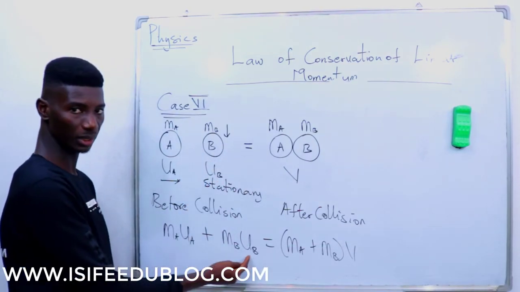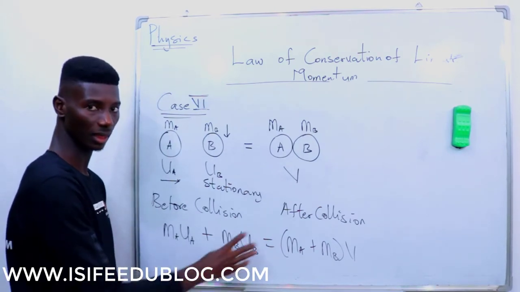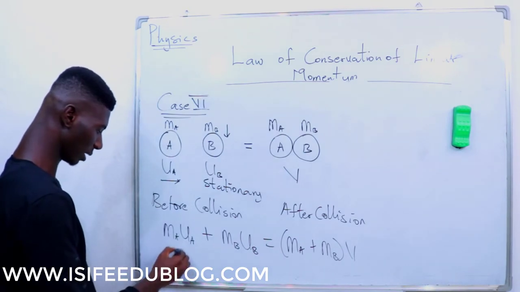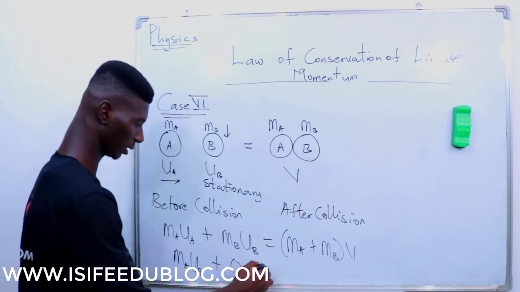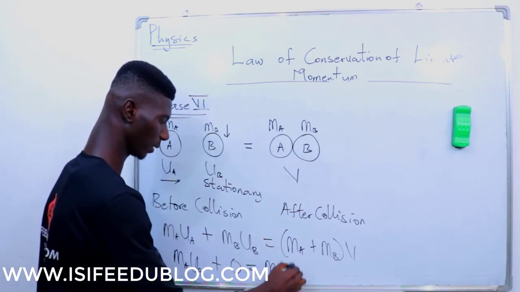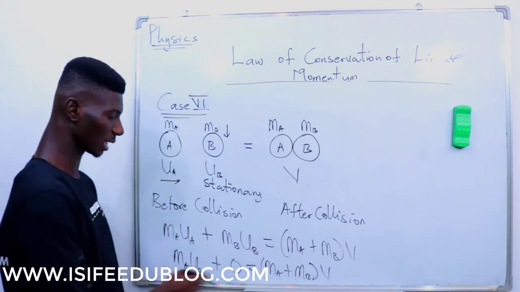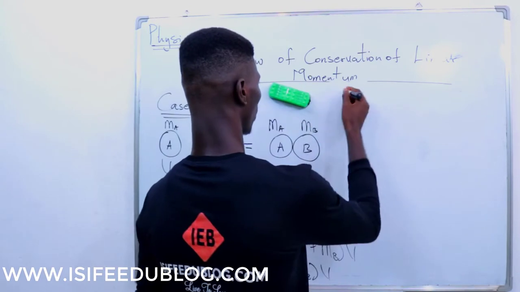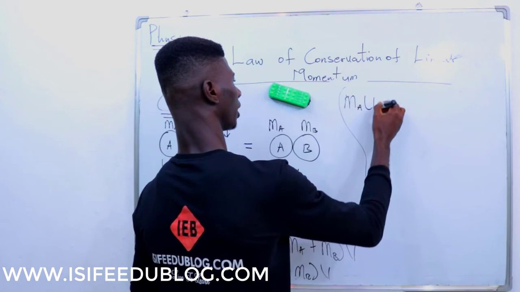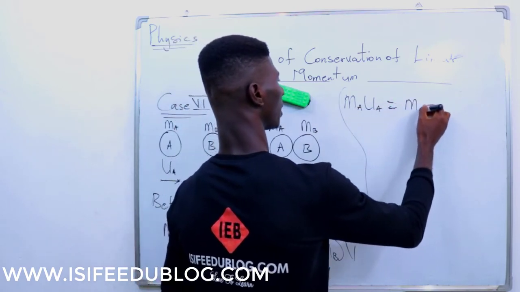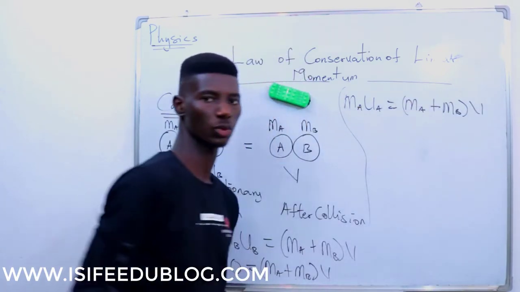So in this case, UB is 0. If UB is 0, 0 times MB nullifies everything here. So what we have here now is MA UA plus 0 is equal to MA plus MB times V. So everything now boils down, this plus 0 gives us the same thing. So what we have now is MA UA is equal to MA plus MB times V. Now this is what we have.